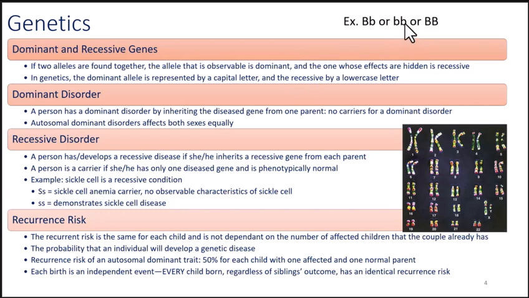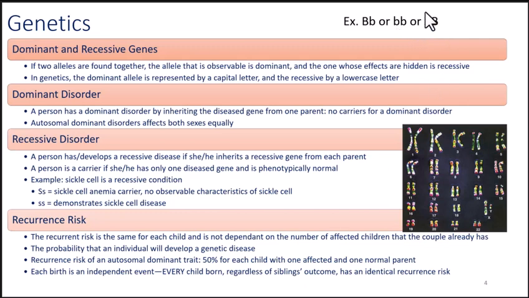Blue eyes, blue eyes. The reason they would have blue eyes is because the lowercase b represents blue eyes, and the other one is also for blue eyes, and there's no dominant capital B indicating brown to override the recessive one. So the recessive gene is expressed.